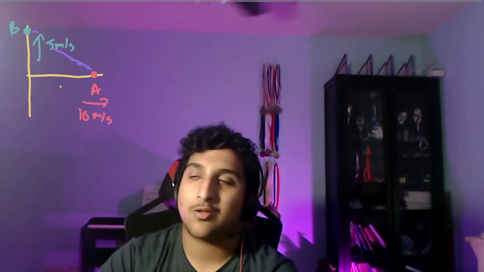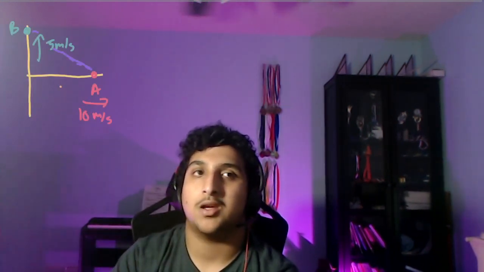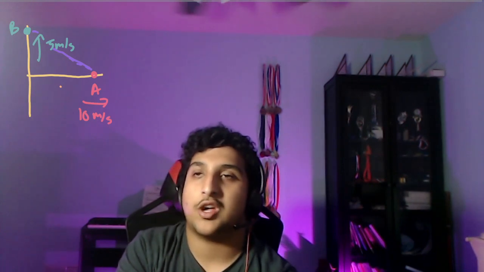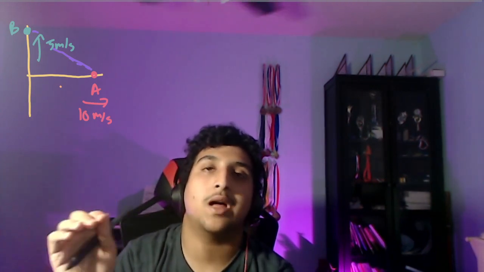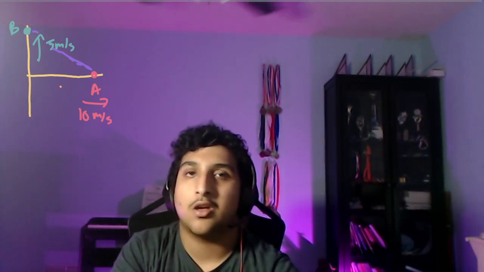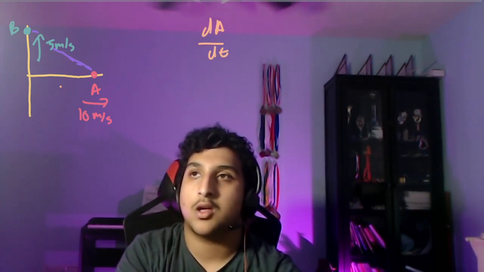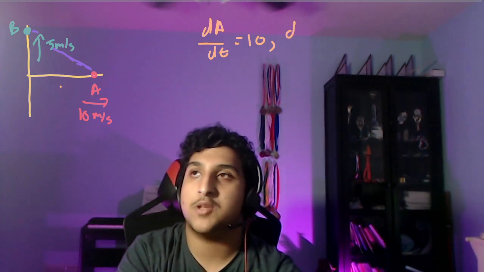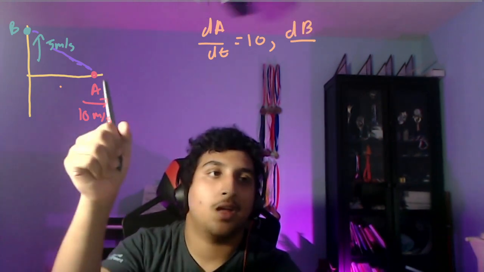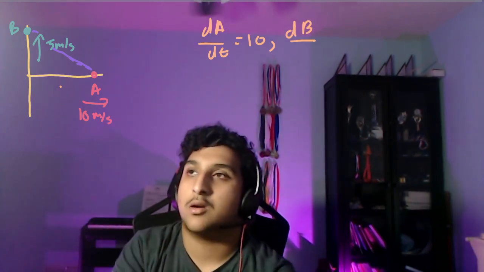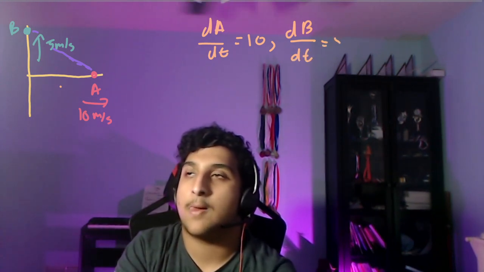You all might be thinking of the theorem we use, the Pythagorean theorem again, and yeah, that's what we're going to use for this problem. But let's check what we know and what we need to find to stay organized. So we know that dA over time is equal to 10, and dB, change in particle B, over time is equal to 5.